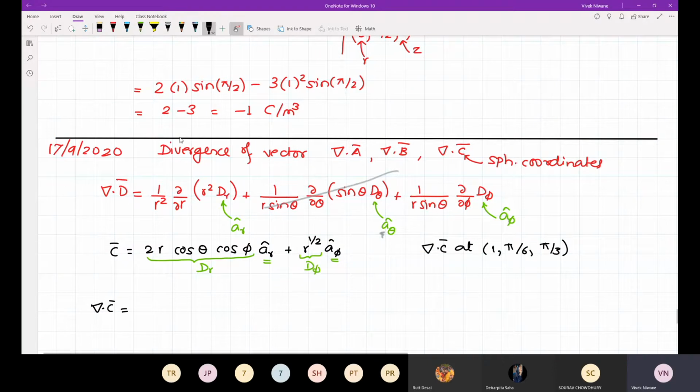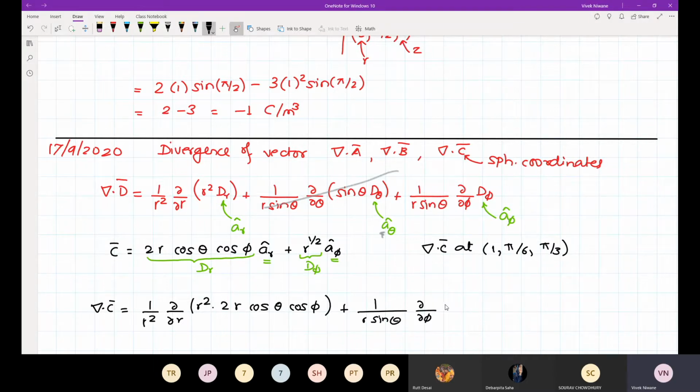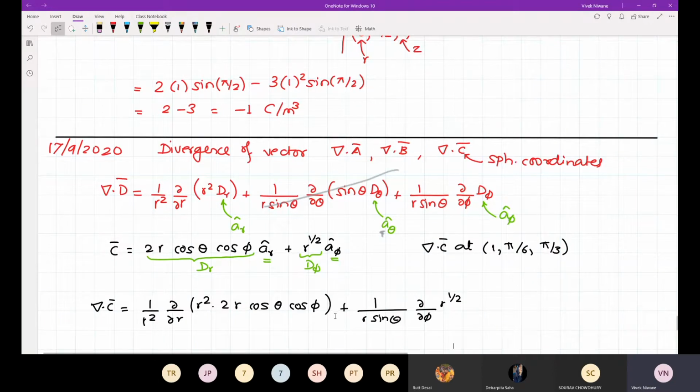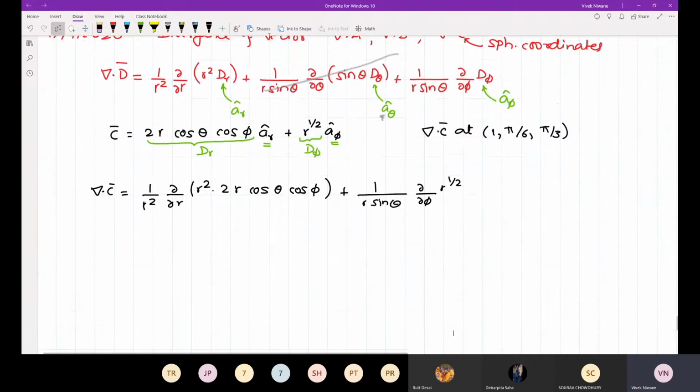We can write the divergence expression as 1 upon r square del by del r of r square into 2r cos of theta cos of phi, close bracket, plus 1 upon r sine theta del by del phi of r raised to half. Now, very interesting mathematics is going on here. Let us see.